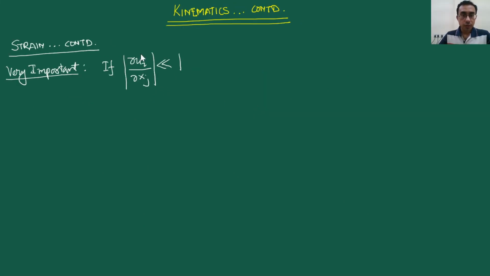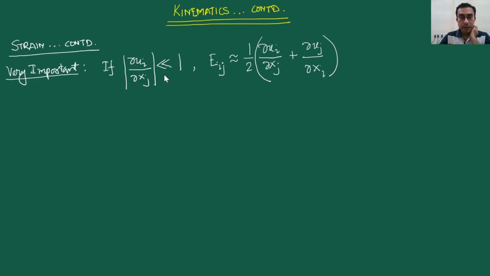Okay, so under this consideration we can say that Eij is approximately equal to half of del ui del xj plus del uj del xi. We do not write the quadratic terms anymore under this consideration.